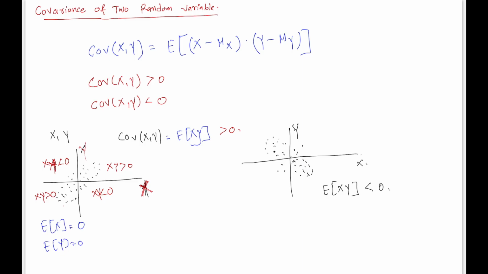So in this case the random variables on average tend to move opposite to each other. If x takes a larger positive value, y tends to take a larger negative value, right? So in this case the covariance is less than 0, negative.